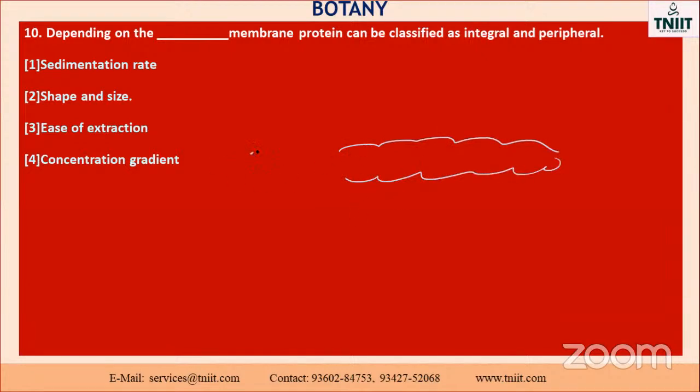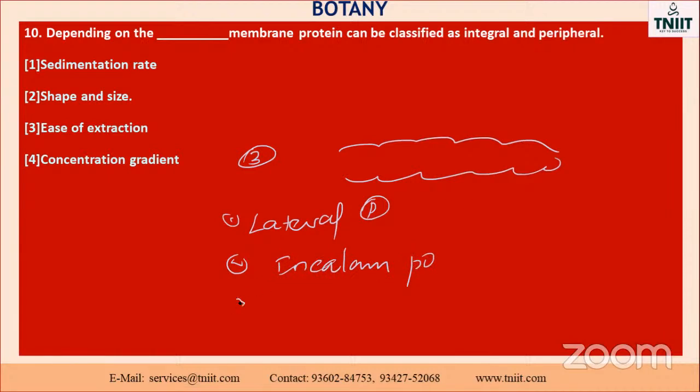There are three proteins. One protein is called lateral protein. Second one is called intercalary protein. And third one is called peripheral protein.